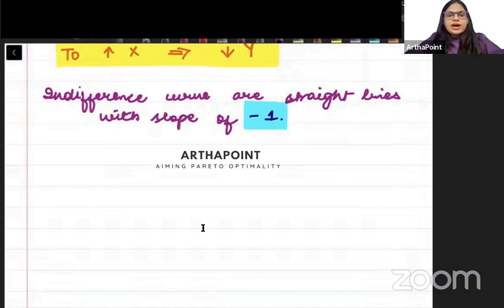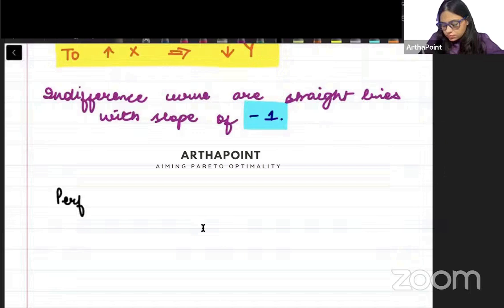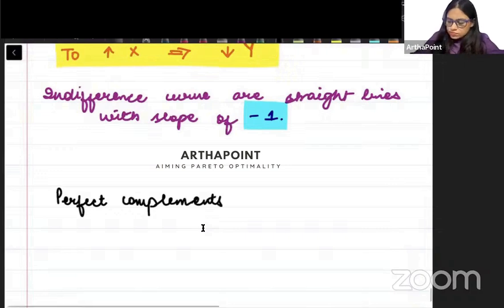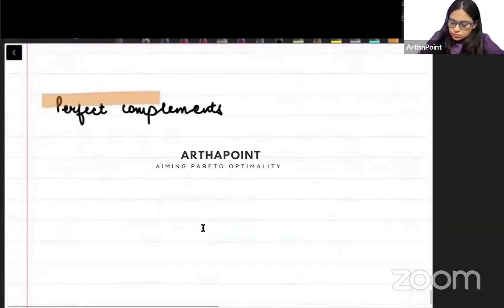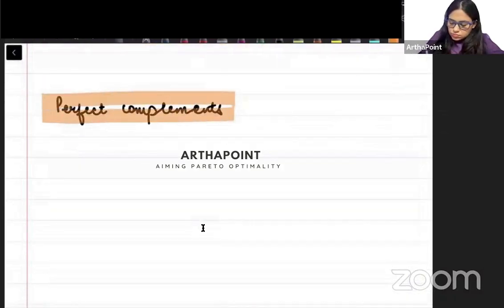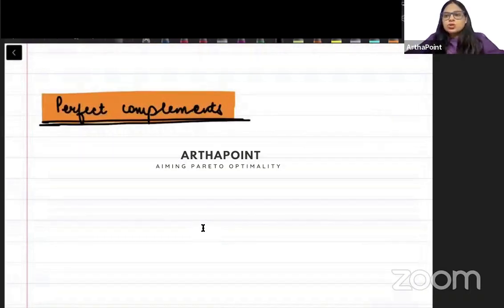So, what are complementary goods? I'm going to use the word perfect complements. So, perfect complements are those goods which are used together.